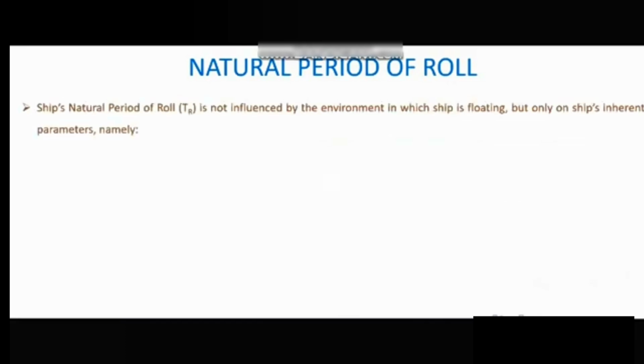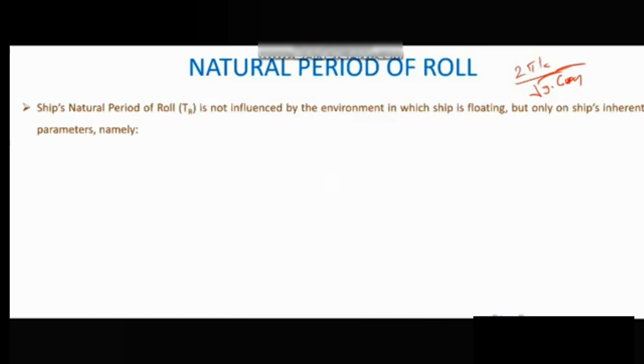Ship's natural period of roll, if you see this formula, it is very evident. It's 2 pi K under root G GM. This formula is not influenced by the environment, it is only dependent on the ship's inherent properties.